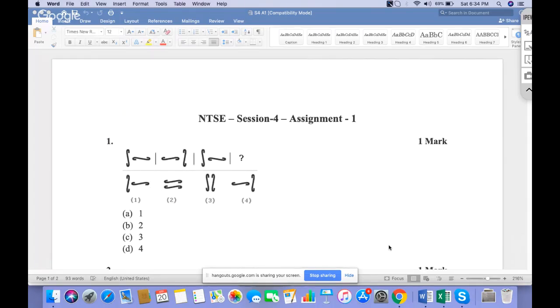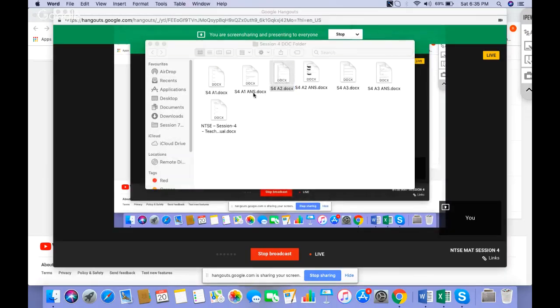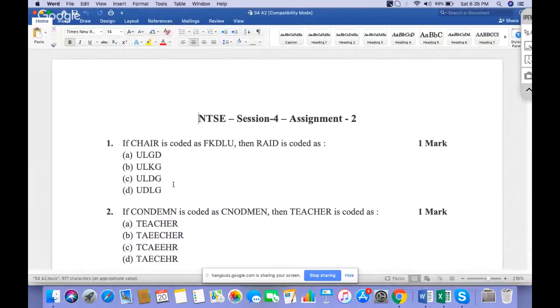Now after figure completion series, what I wish to do is to start with coding decoding. So what do I mean by coding and decoding? In coding decoding, what is coding? First of all, let me explain.